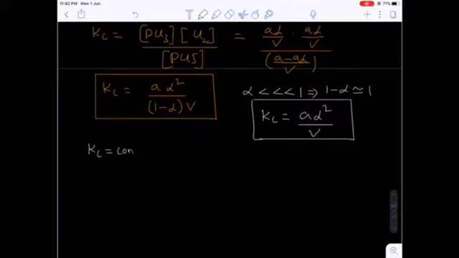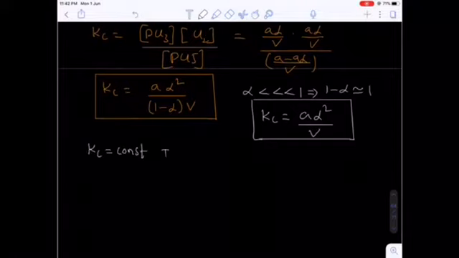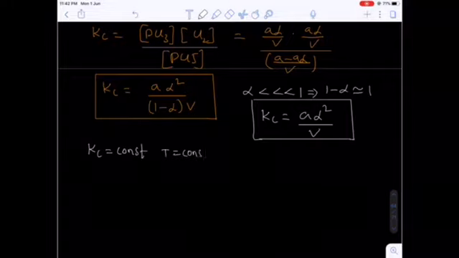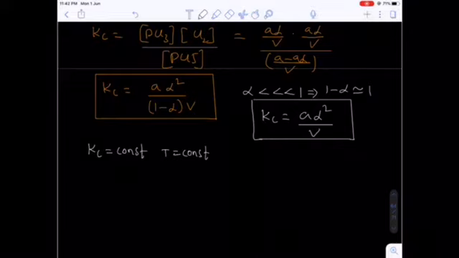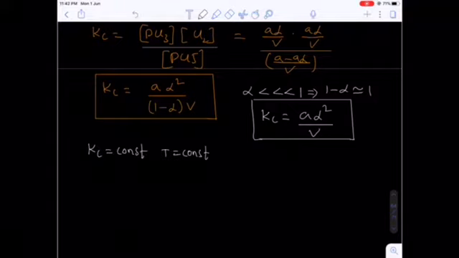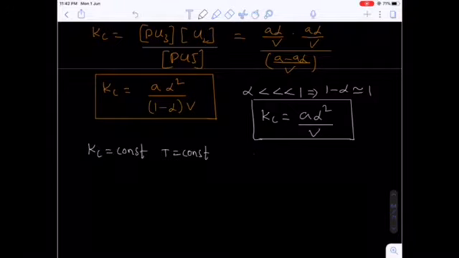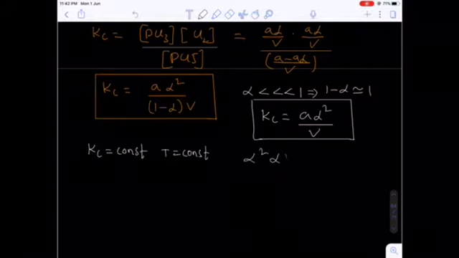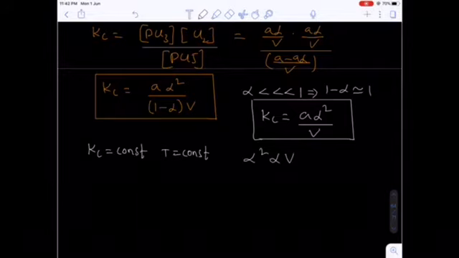Okay, now Kc is constant where? When the temperature is constant. So Kc is constant, a the initial moles is also constant. Then alpha square and V, how are they related with each other? They are directly proportional to each other.